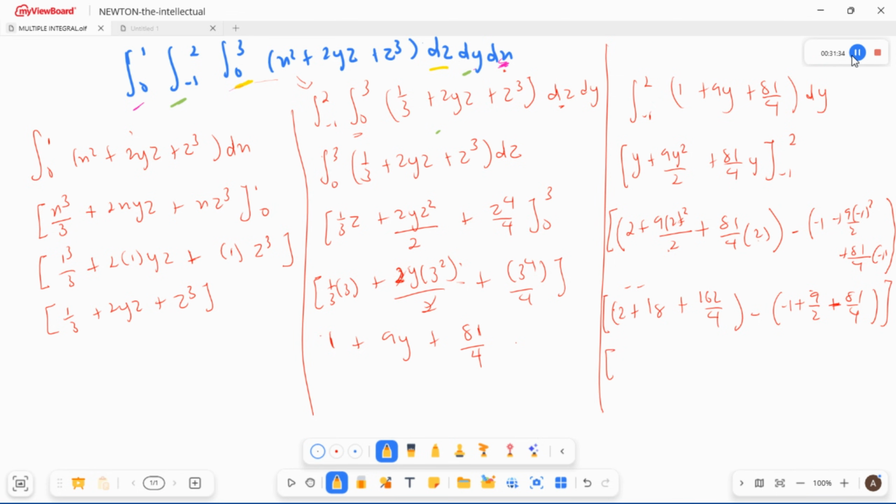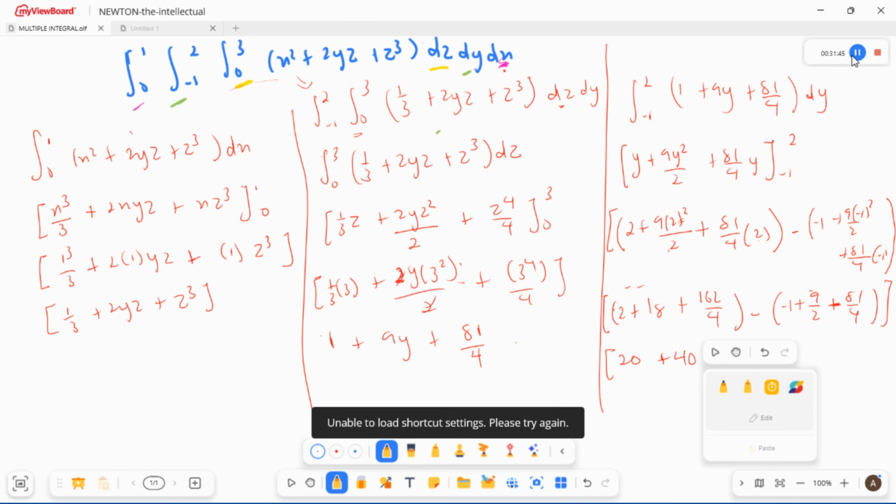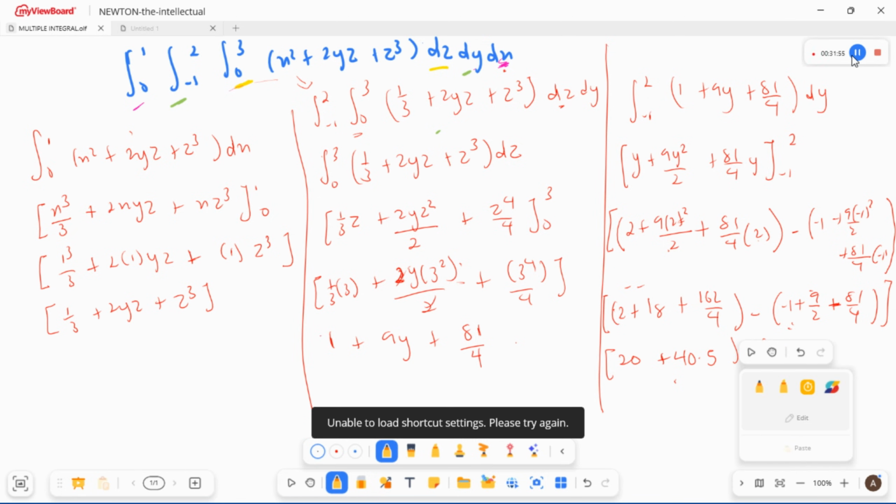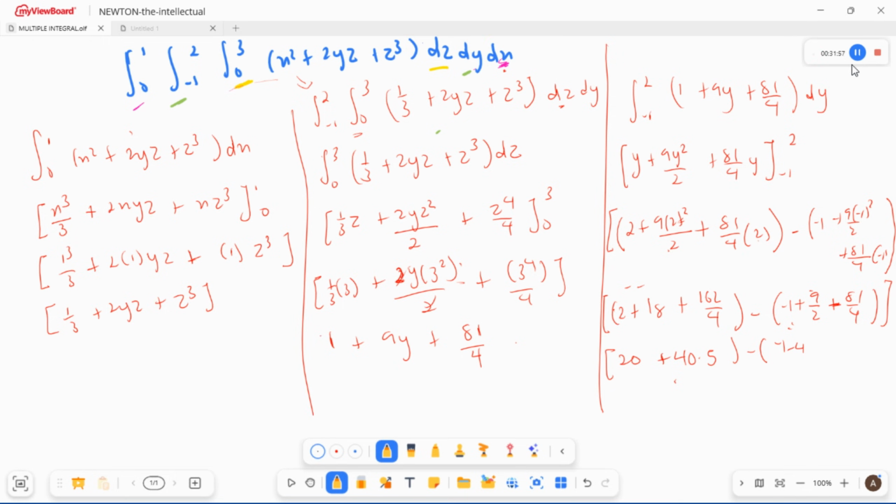Here we have 20. Then we have plus 162 over 4, which is 40.5. Then we have minus 1 plus 4.5 minus 81 over 4.